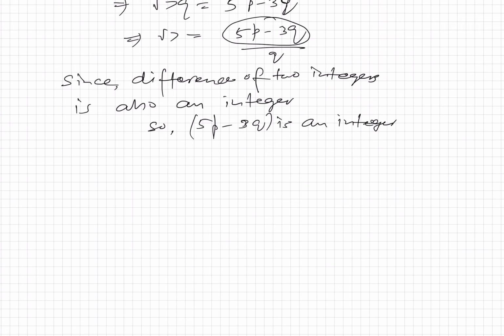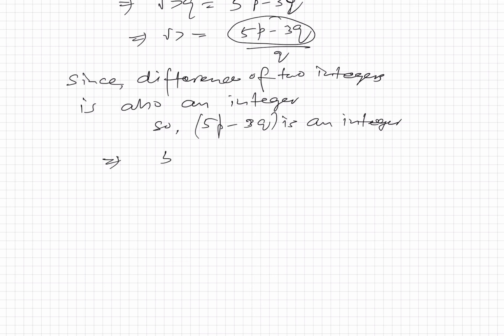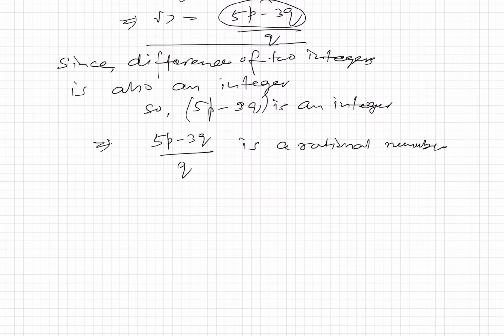Okay, so (5P minus 3Q) by Q is a rational number. But in this equation you see (5P minus 3Q) by Q is equal to root 7.